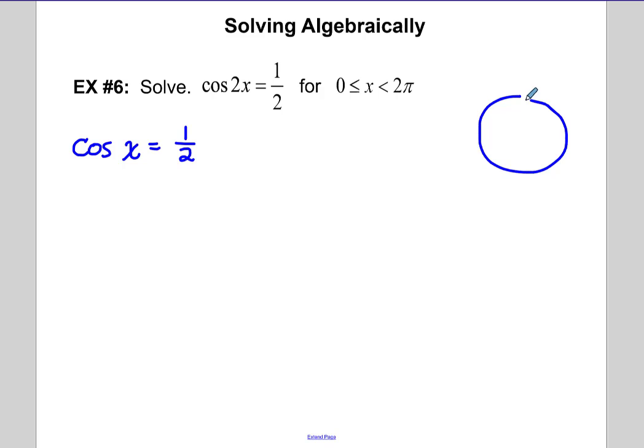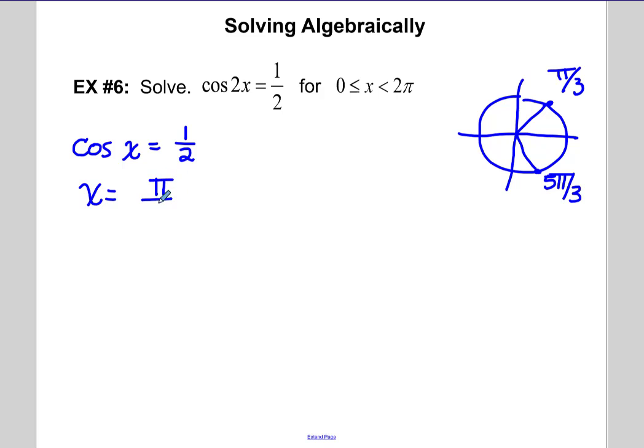And if you like to think about the unit circle, you know cosine's positive in quadrant 1 and in quadrant 4. So cosine is a half at pi over 3 and at 5 pi over 3.